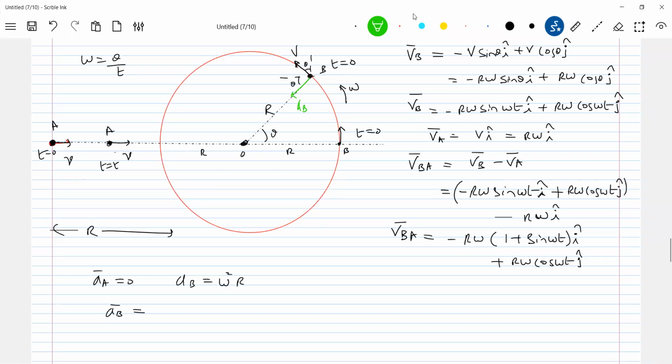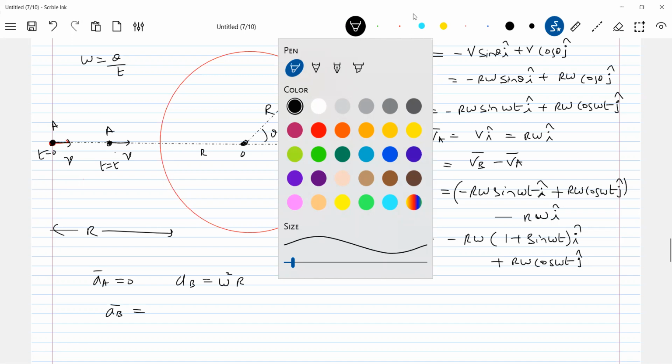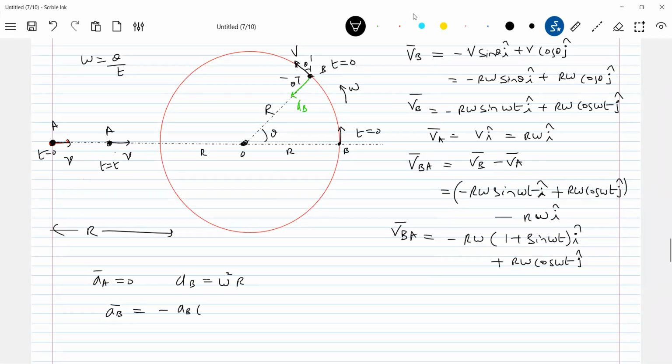Now write it in the vector form. So this should be equal to minus AB cos theta i cap minus AB sin theta j cap.